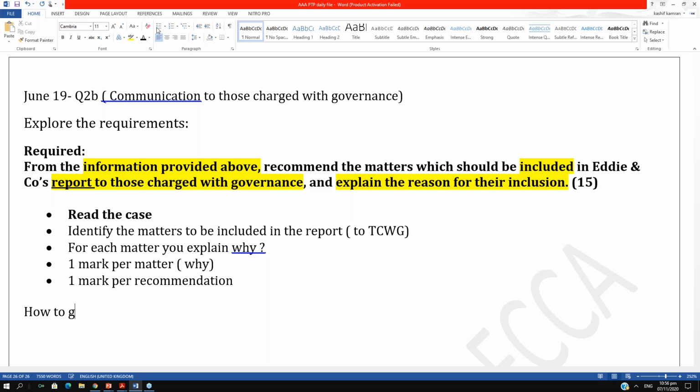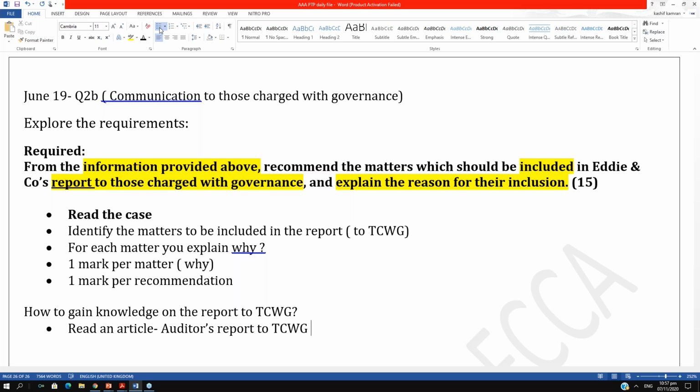How to gain knowledge on the report to TCWG? Is there any source? Yes, I mentioned to you to read an article. Read the article, which is Auditor's Report to those charged with governance. And I even shared the hyperlink with all of you.